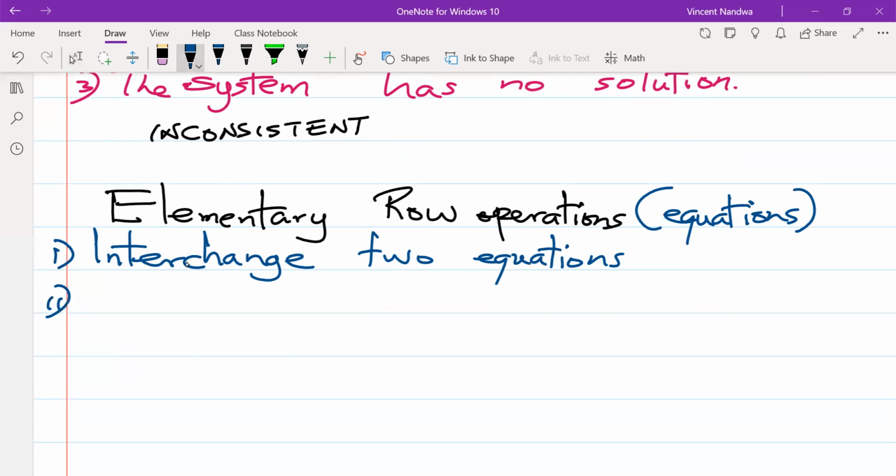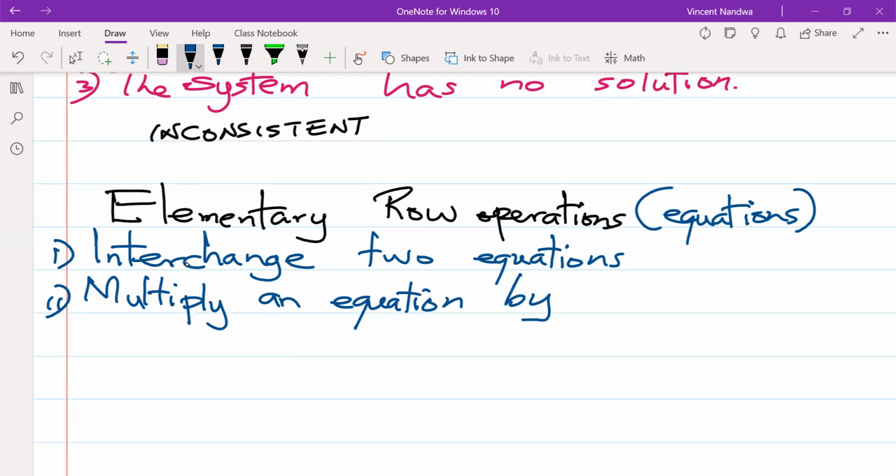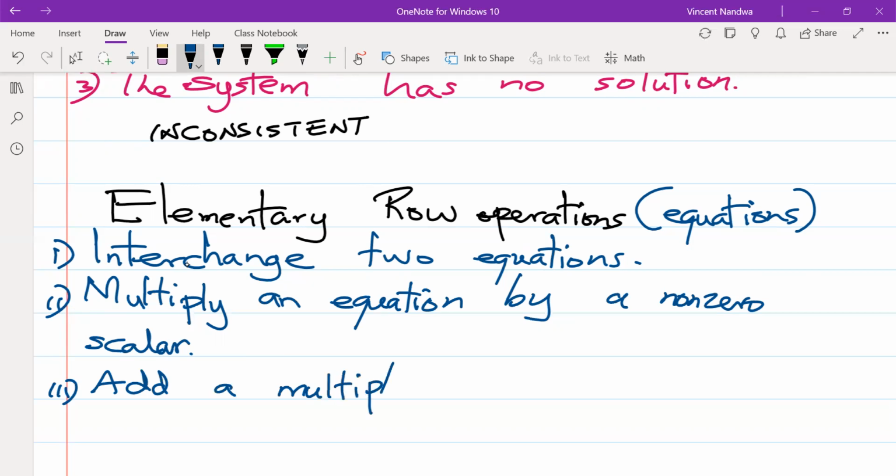Number two, you can multiply one equation by a non-zero scalar. Number three, you can add a multiple of a row, or simply add a multiple of one equation to a different equation.